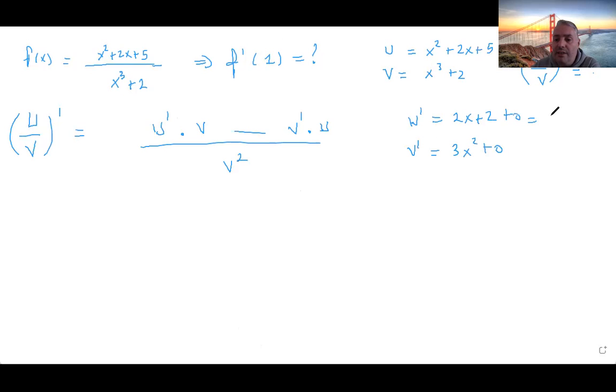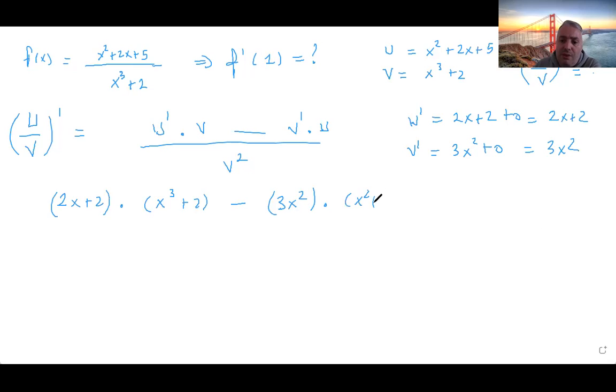So 2x plus 2 and here 3x squared. And then the result will be u prime, which is 2x plus 2, times v, which is x cubed plus 2, minus v prime, which is 3x squared, times u, which is x squared plus 2x plus 5, all divided by the denominator to the power of 2, x cubed plus 2 to the power of 2.